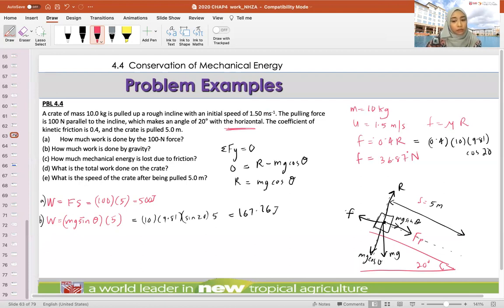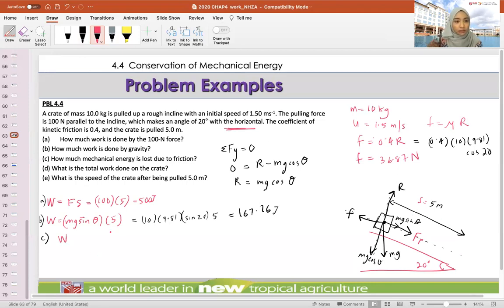We just want the parallel component. Is friction parallel to the displacement here? Is it parallel or not?